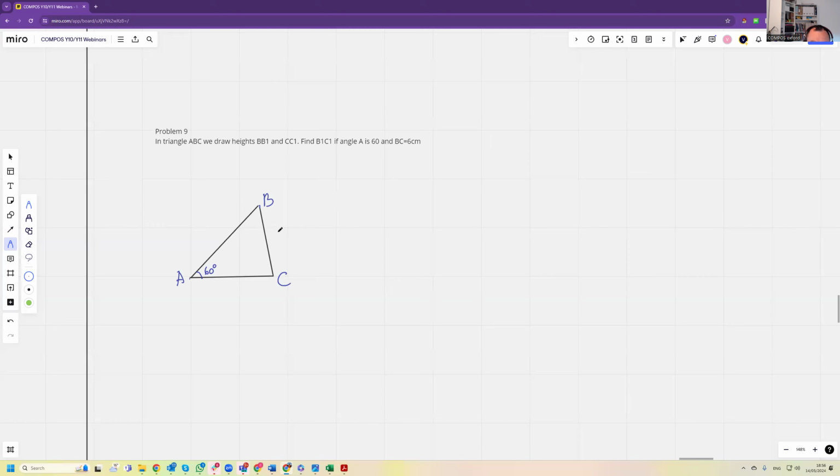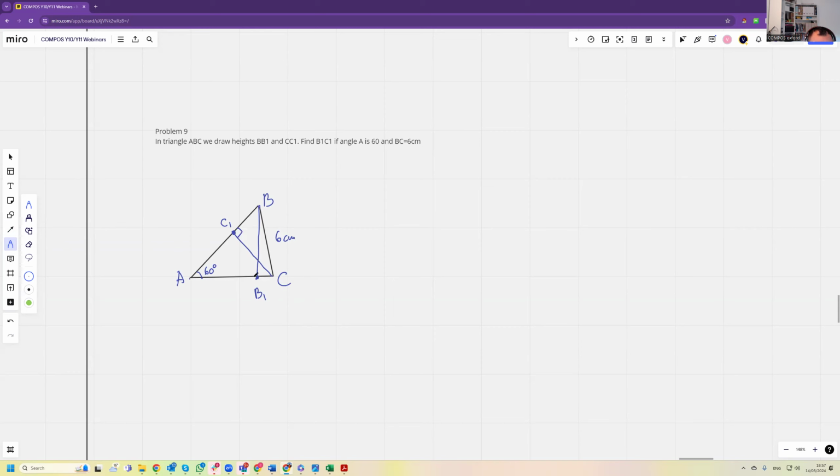And BC is 6 centimeters. Draw the heights. BB1 is a height. B1. And CC1. C1 is also a height.